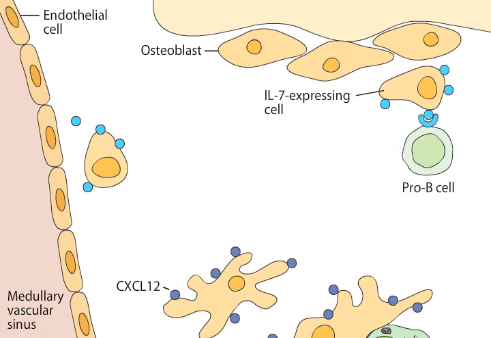At this stage, the precursor cell is irreversibly committed to the B cell lineage, and the recombination of the immunoglobulin genes begins. The rearrangements of the immunoglobulin receptor heavy and light chain gene segments form the B cell receptor, or BCR, for antigen, determining its specificity.